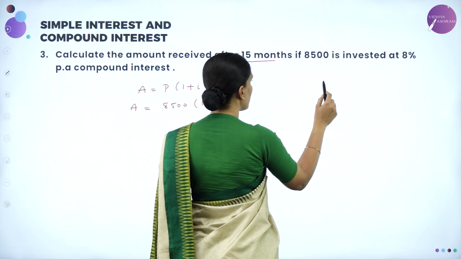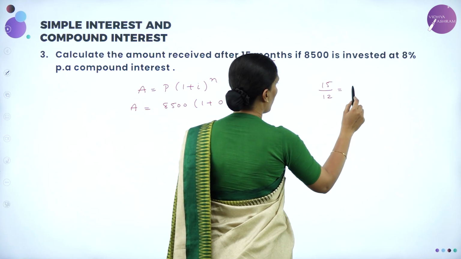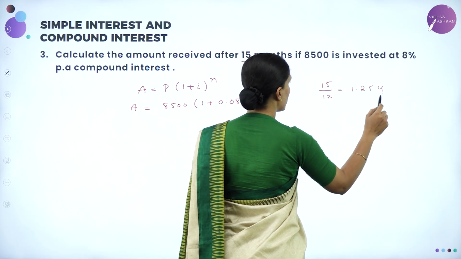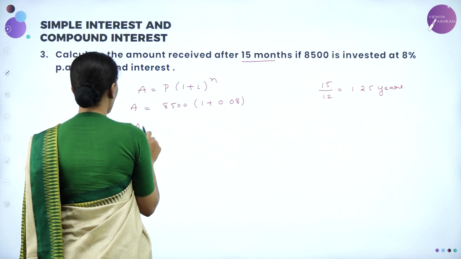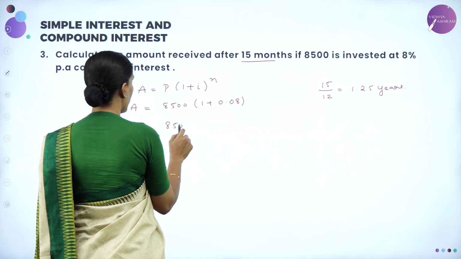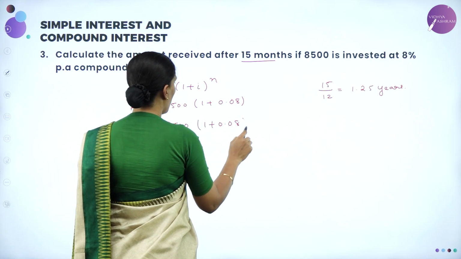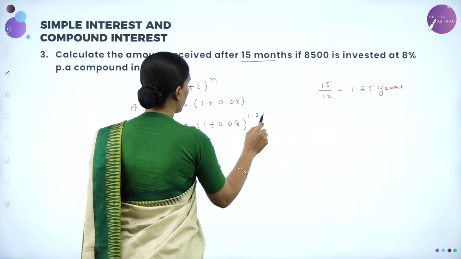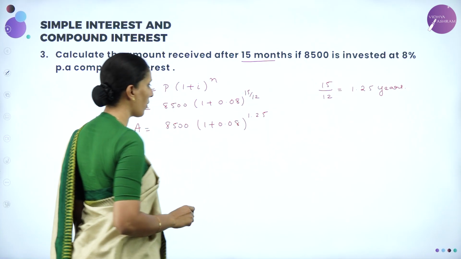So 15 months means when you divide by 12, that is equal to 1.25 years. So now here we have A is equal to 8,500, 1 plus 0.08 whole to the power 1.25. So here 15 by 12 can be written as 1.25.